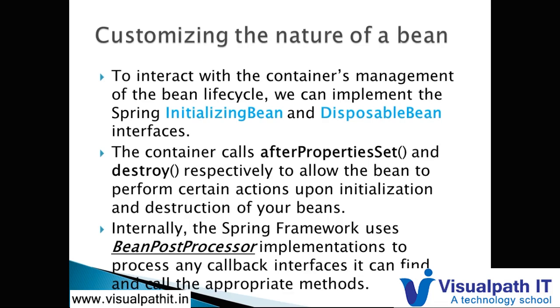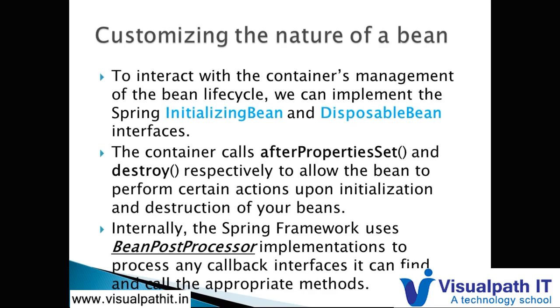Next, customizing the nature of a bean. As we already saw in the bean life cycle, it starts with the init method and it will end with a destroy method. So understanding the bean life cycle is very important, which is completely managed by the container.